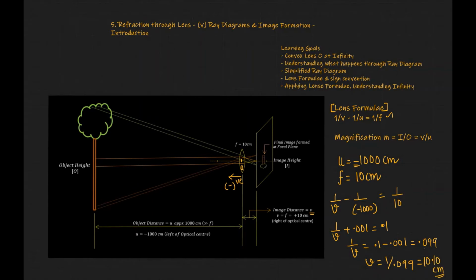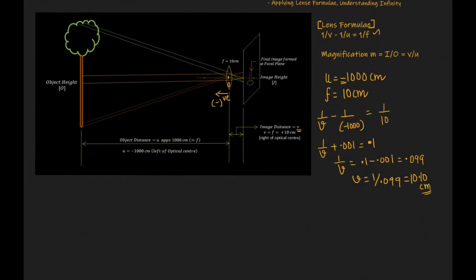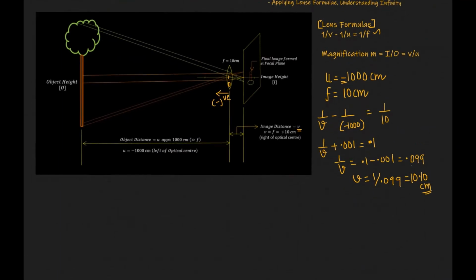Now this is very, very close to our F, because our F was approximately 10 centimeters. The F was actually equal to 10 centimeters, right? And the V is very close to F.